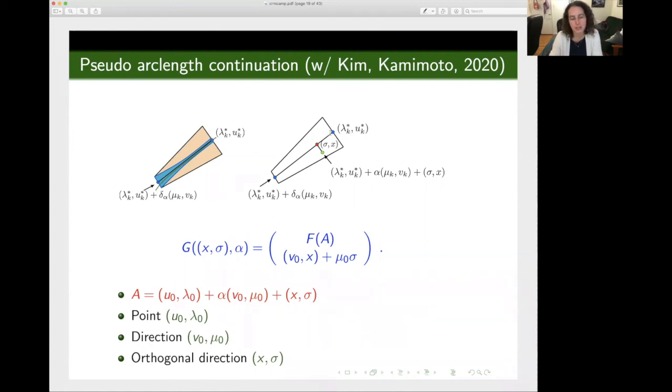But the new point that we find is found by looking orthogonal to the direction in which we are slanting our box. This actually allows us, for example, to automatically find branches that go around corners, rather than, as in the previous picture, having to separately validate near a saddle node bifurcation.